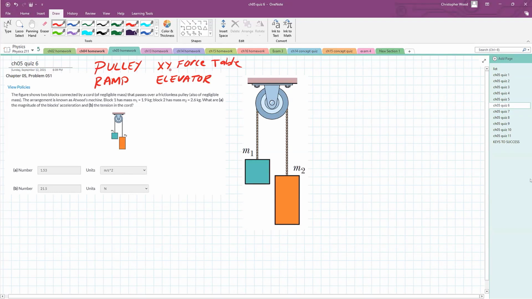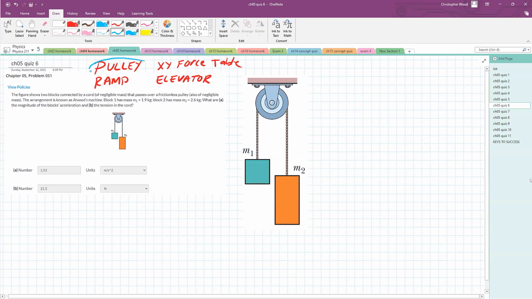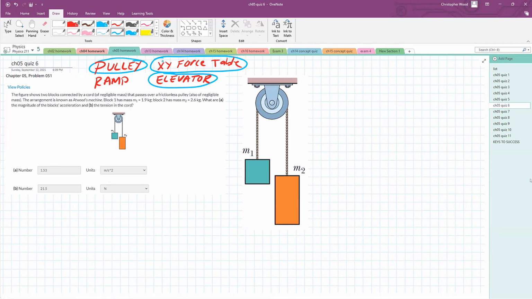But you could make a strong case that a pulley problem and an elevator problem are very similar. And you could also say everything we do could be fit into an XY force table. So there's not an infinite number of weird types of problems that you have to worry about if you basically get the big picture.